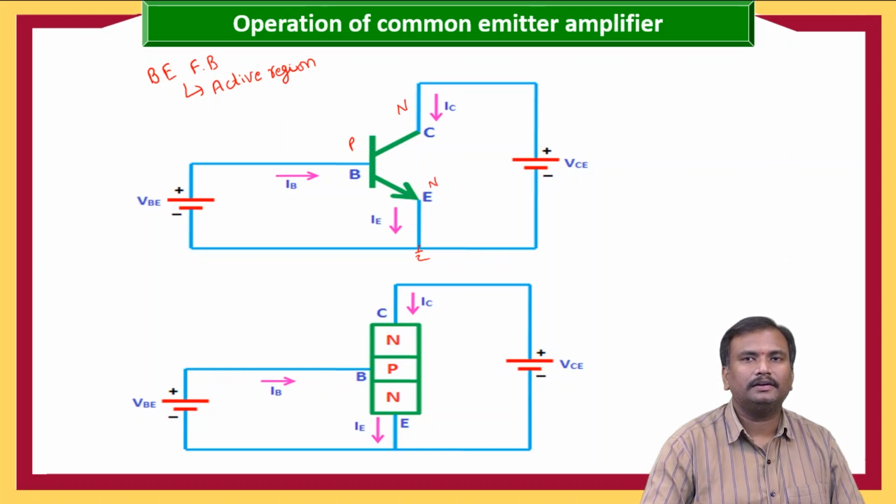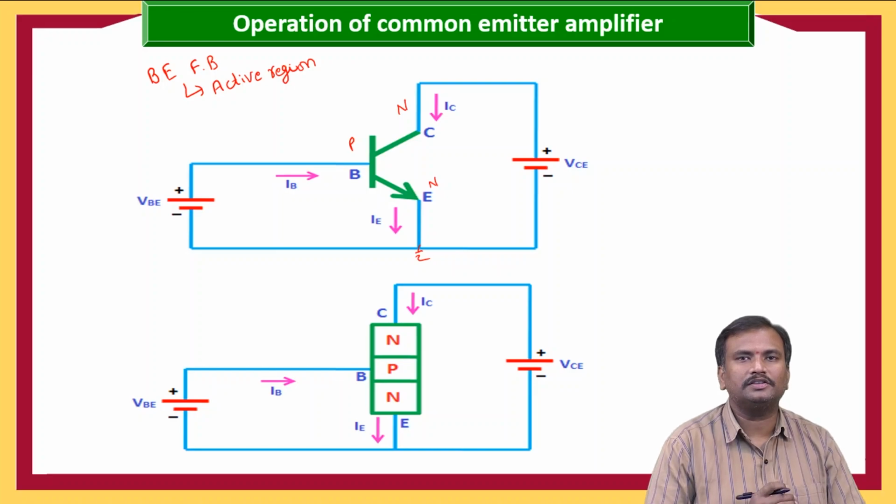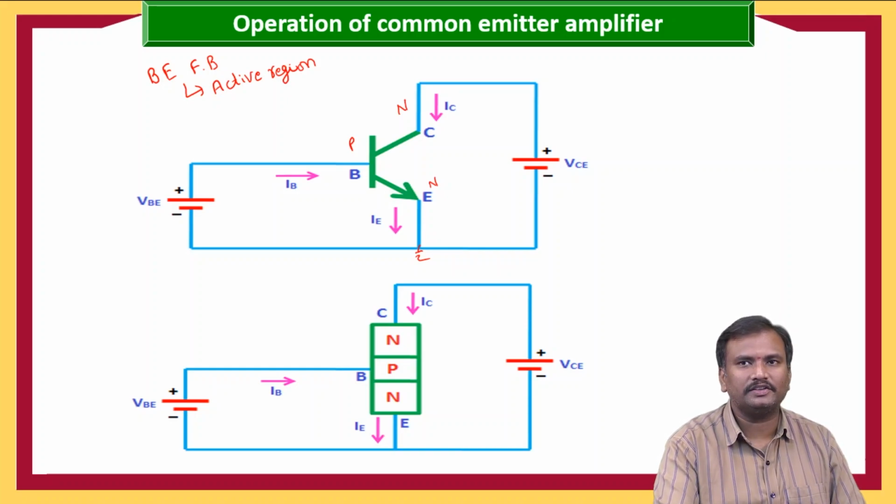Whenever a current enters any junction, that should leave from the junction, or the sum of currents entering the junction is equal to the sum of currents leaving the junction. Here the sum of currents entering the junction is IC and IB. So IC plus IB is equal to IE.